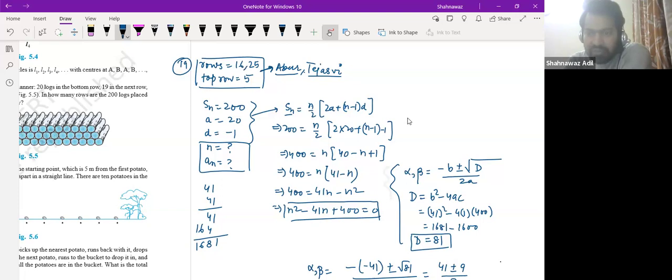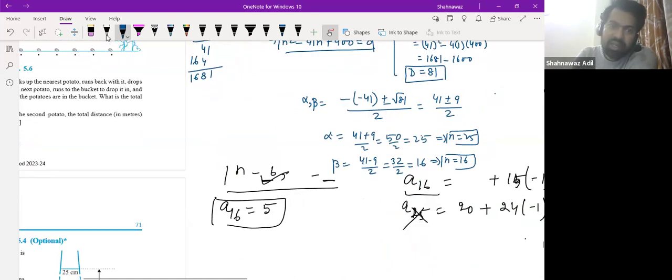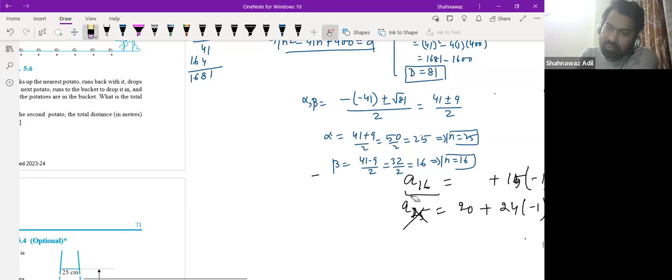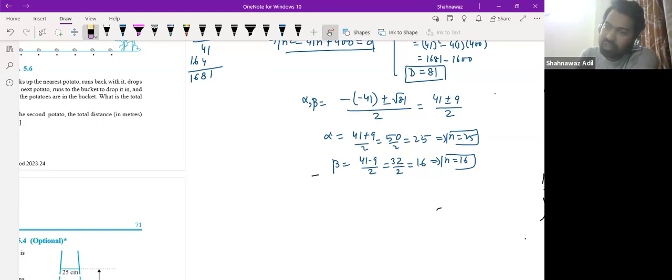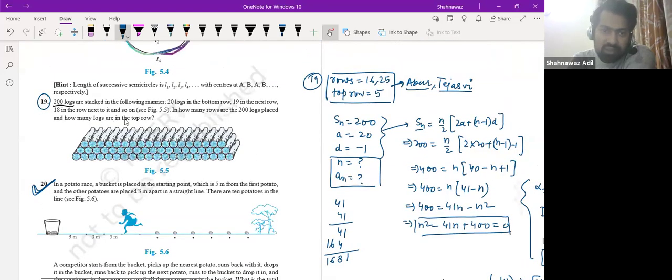But if you put n equal to 25 and calculate an, let us calculate the number of logs in the last row.